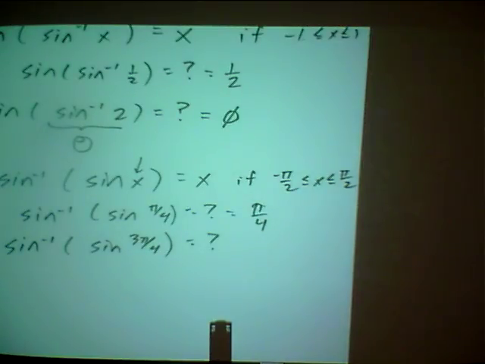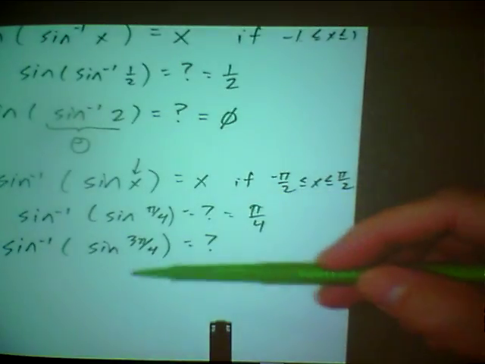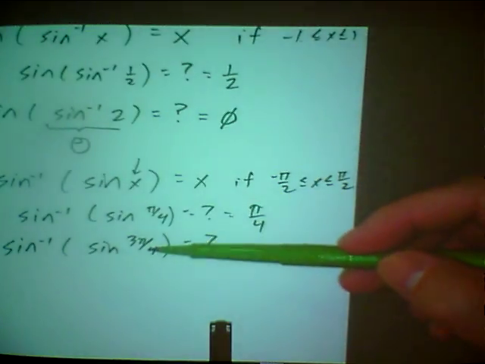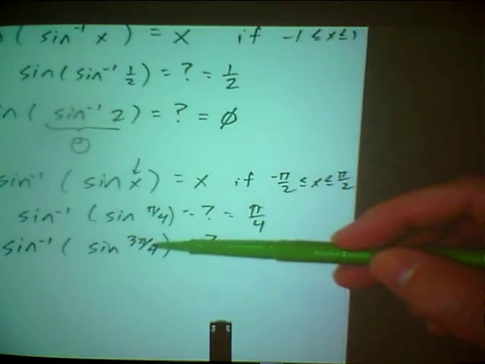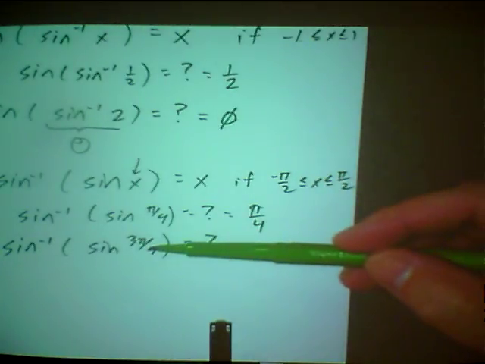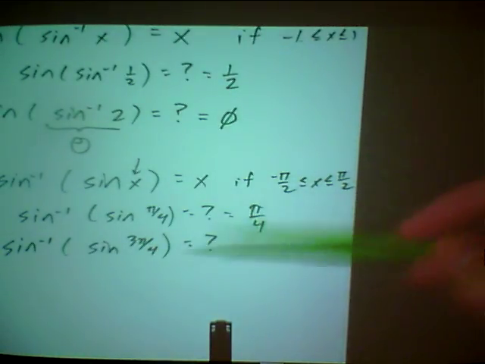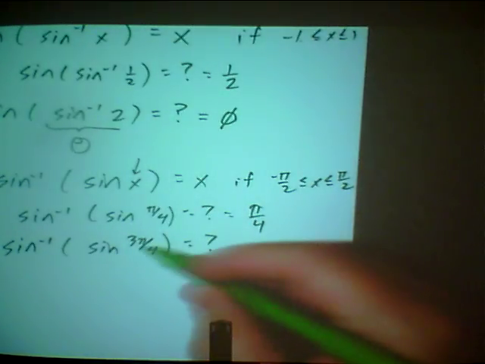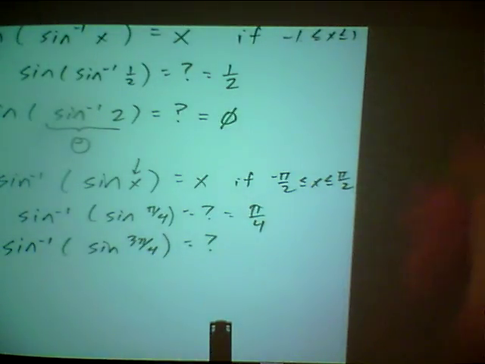I hope my cancellation rule works, because then it's very easy. So I check, but I realize cancellation only works if this angle in my sine is between negative pi over 2 and pi over 2. And in fact, it is not. This is outside this. So I cannot say this simply equals 3 pi over 4. That would not be correct.